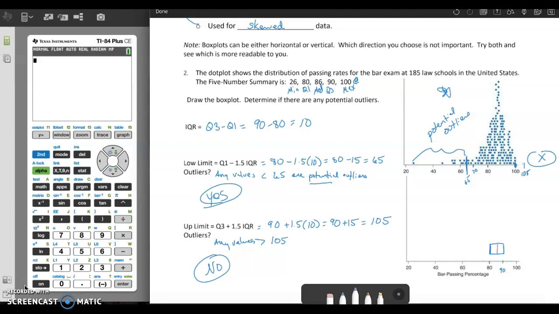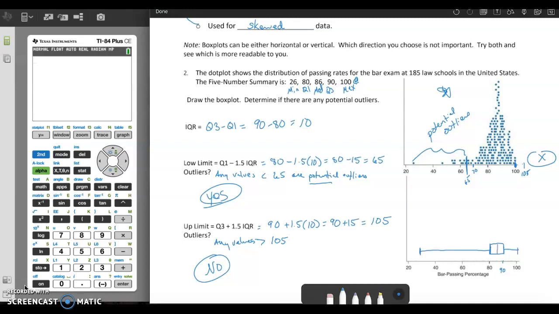And then your whiskers go out to your min and your max. So my whisker in the right-hand direction goes to 100. And in the left-hand direction, oops, not quite that far, goes to 26, so about right here. What you can see is that there is some kind of skew or some kind of outliers going on in that left-hand direction, since that left-hand whisker is so much longer than the right-hand one.